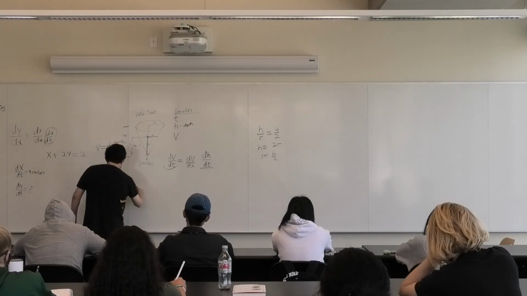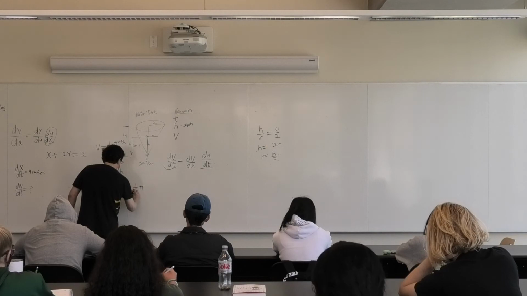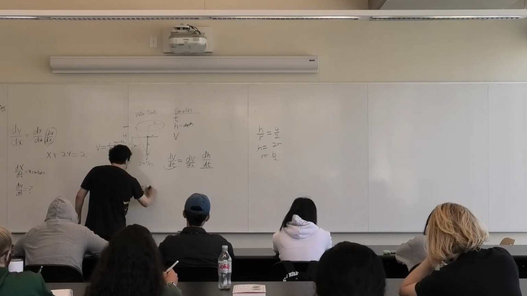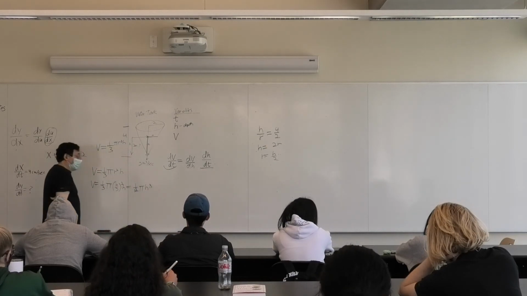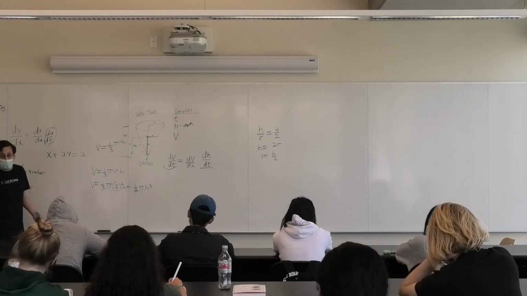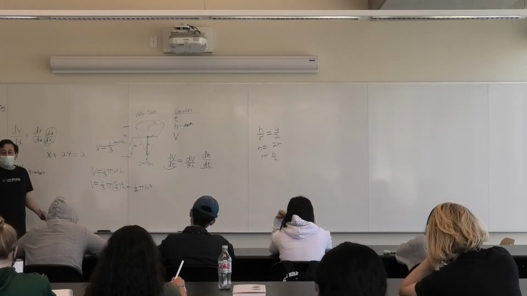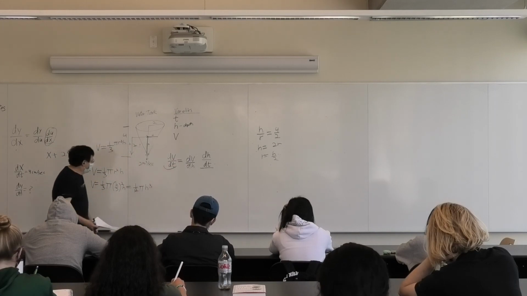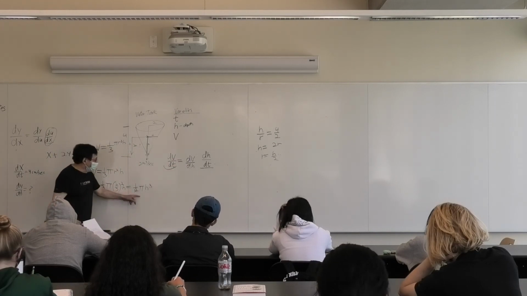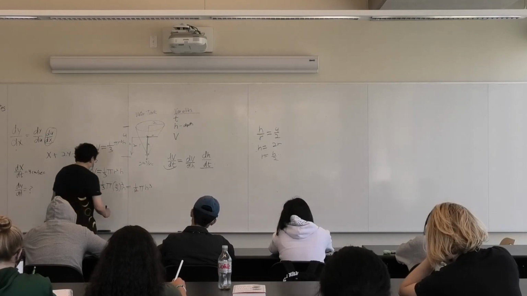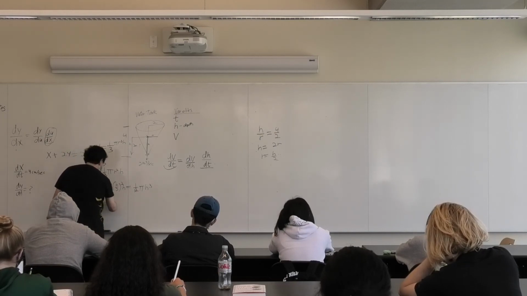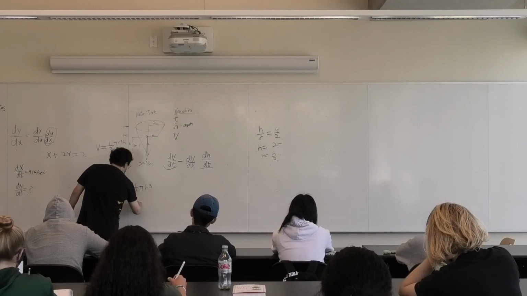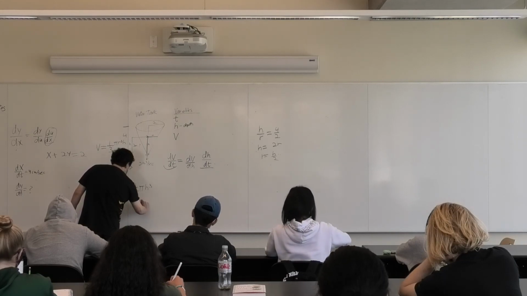And I get 1/3 pi, oh, we're going to have a 4 over there, 12 h cubed. Now I can find my derivative, right? I want dV/dh. So my derivative here, of course, is 1/4 pi h squared.